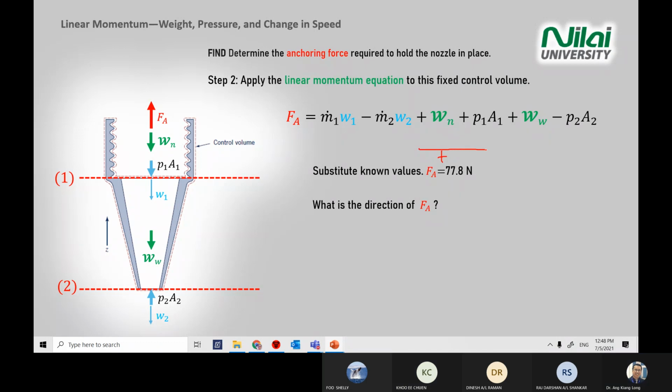So the answer for anchoring force is positive 7.8 Newton. Based on this calculation, what is the direction of FA? What do you think? Is it going down? Going to the side? Going up? Or going to the left?